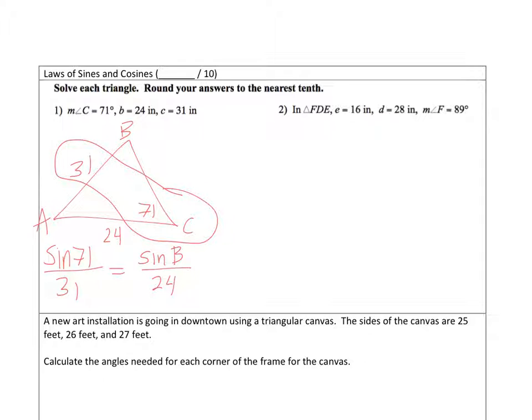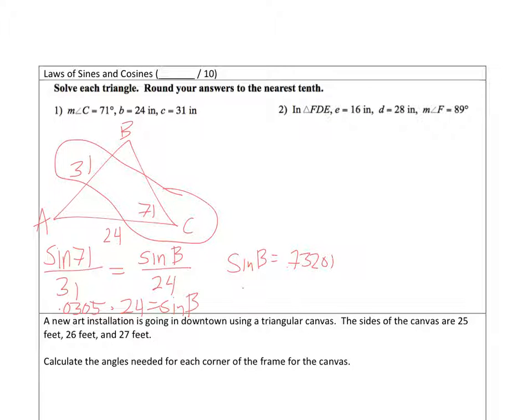Okay, let's try this out. So sine 71 over 31, I get 0.0305. I'm going to multiply that by 24 to get sine B. Times 24, and I get sine B is equal to 0.73201.